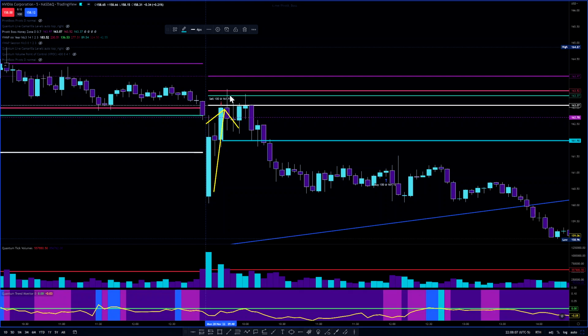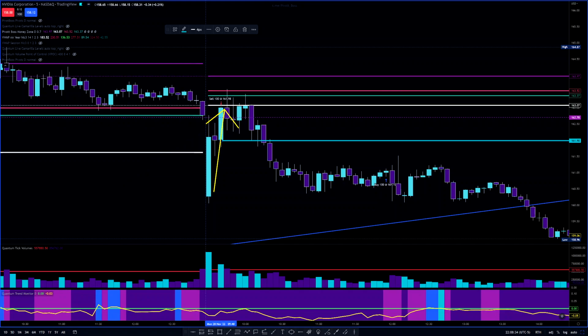So we're retesting that value area, which is in line with yesterday's volume pointer. Well, not volume point, but the point of control, which is these two lines right here, right? So we're retesting that area, right? This is where the most price action happened, around this area on Friday, right? So we're retesting that.